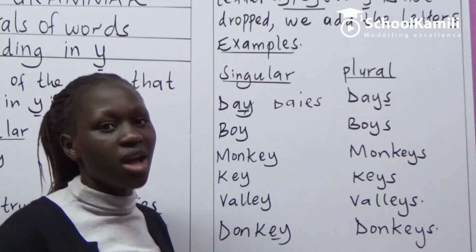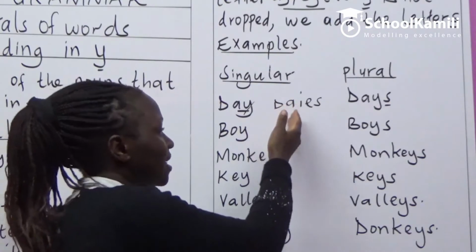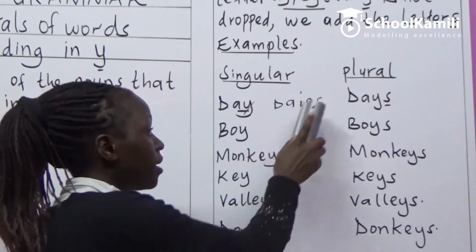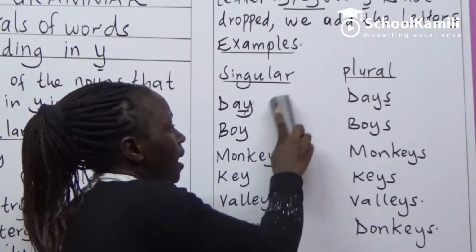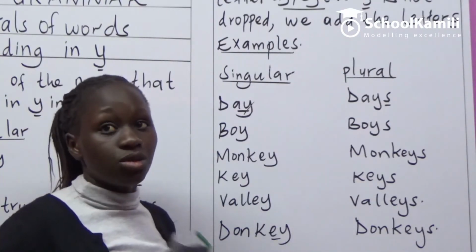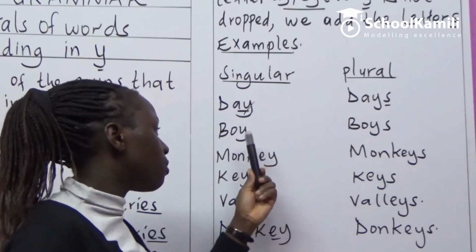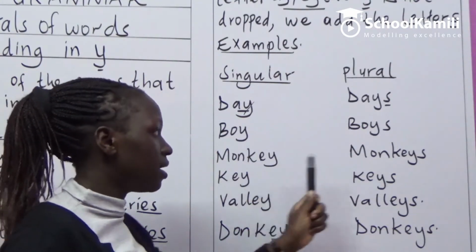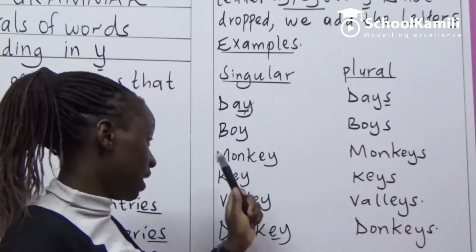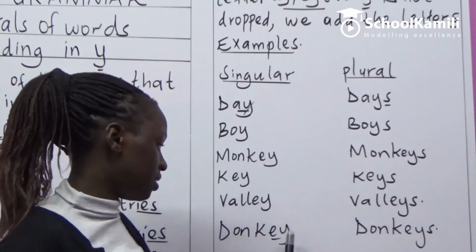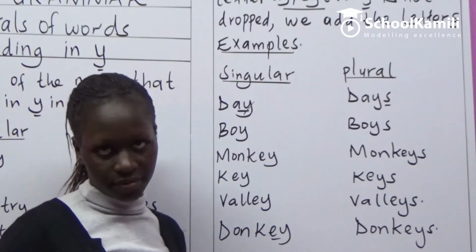It is not a correct word. Actually, you can't read it. That is something you cannot read. So that is why we only add the letter S so that it is grammatically correct. So we have day, days, boy, boys, monkey, monkeys, key, keys, valley, valleys, donkey, donkeys.